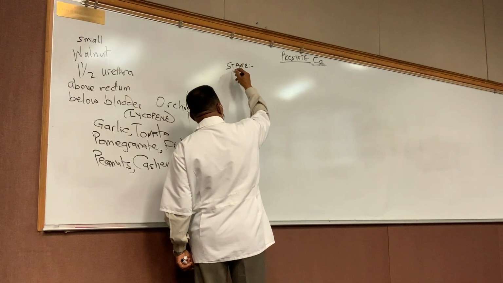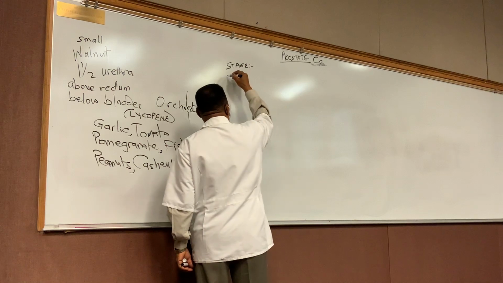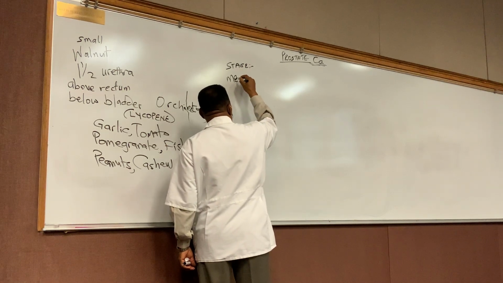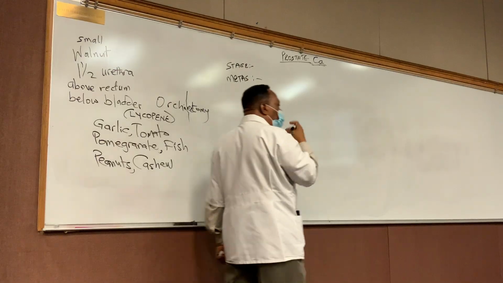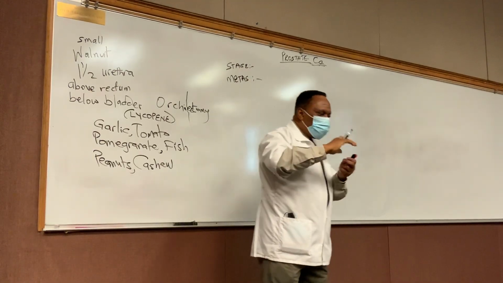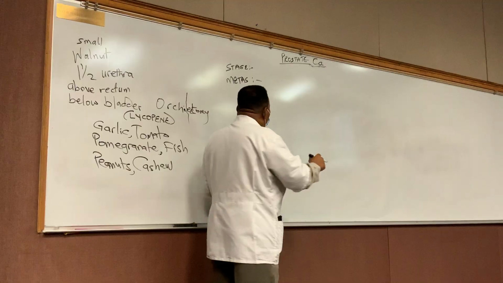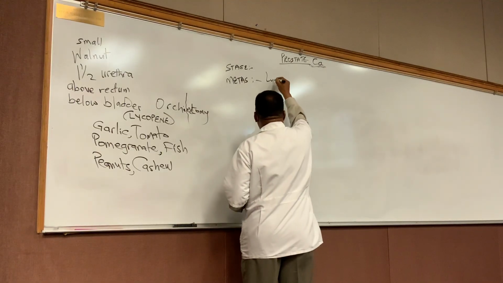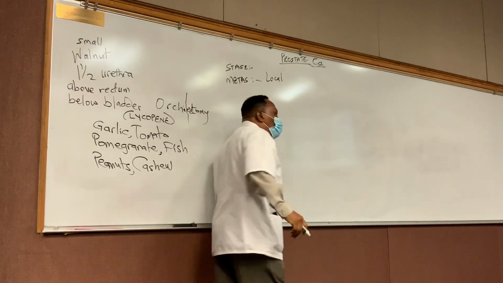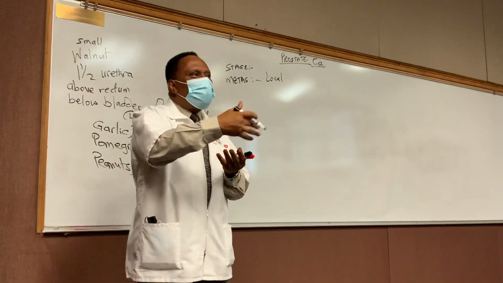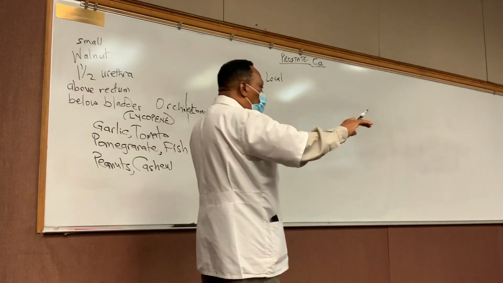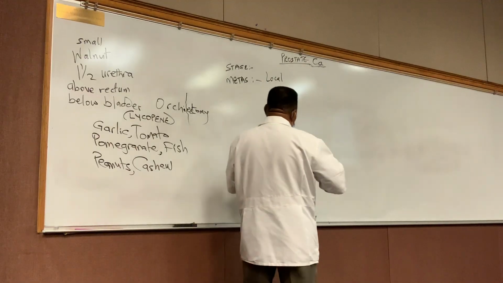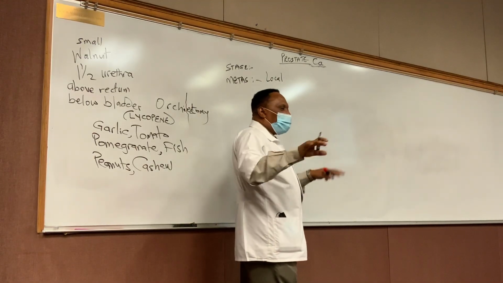When we say metastasis for prostate, it can spread just locally. Local spreading would be contiguous spreading, where it just spreads from the prostate to, like, the bladder, for instance.